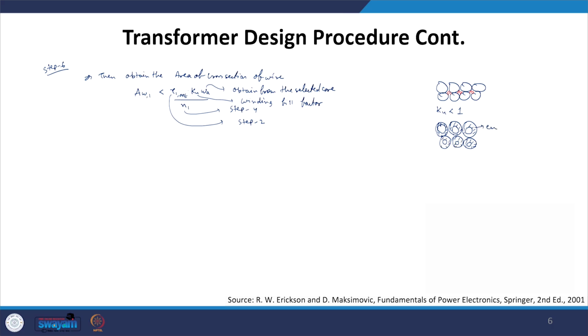This is your enamel coating, so it is just a bare copper wire with the enamel coating, which is an insulation coating, and this is the area which is not used, because they are circular conductors, they cannot occupy the entire square area. So, there are some spaces which are actually lost from the area which has been allotted to that particular winding. That is why the fill factor has to be considered, that portion of area which got lost while placing the windings in the area which has been allotted.